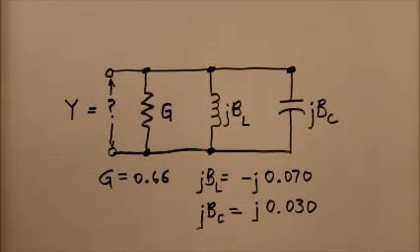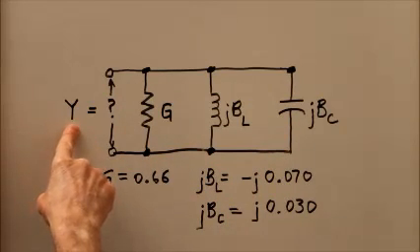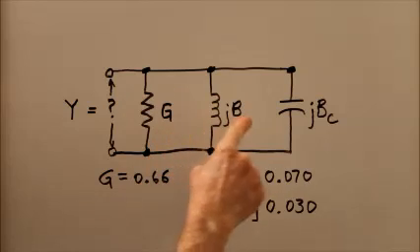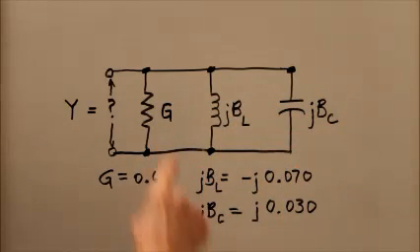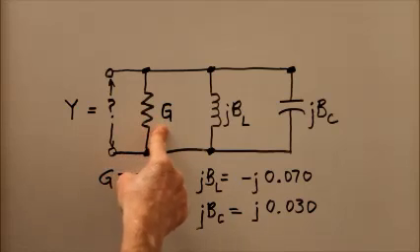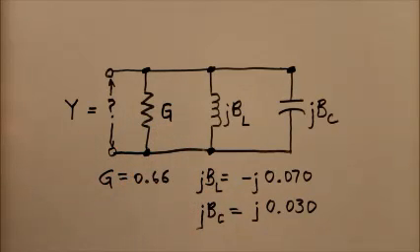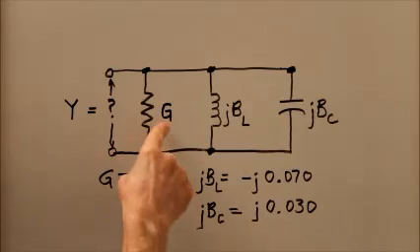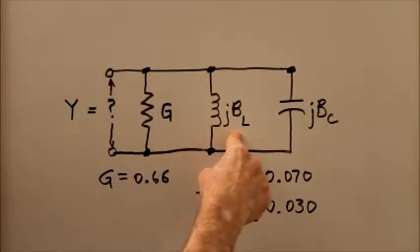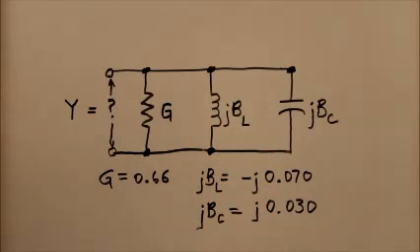Well, first of all, we're lucky that we're talking about admittance here, because if any of these three were in some other form, for example, if this were expressed in ohms, it wouldn't be too hard to find the conductance. If this were represented as an inductive reactance, it'd be a little tougher to find the inductive susceptance.